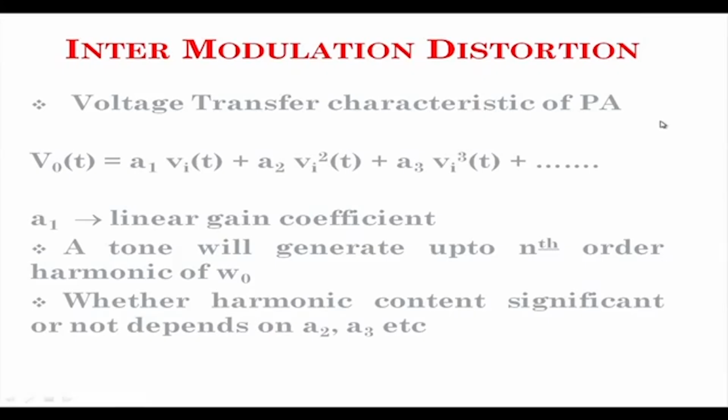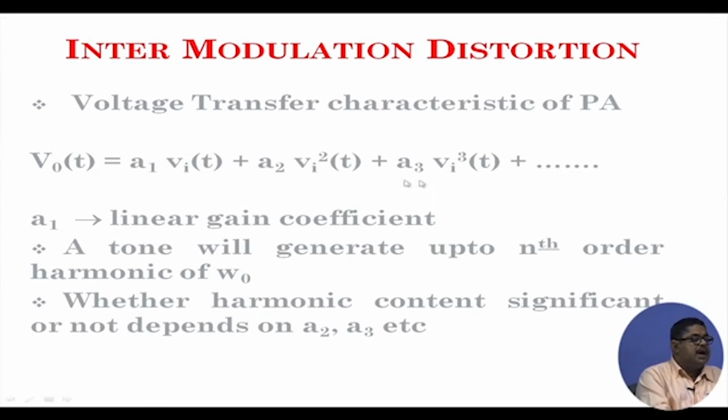Now, let us see the transfer characteristic of any power amplifier device. The output voltage V naught t, I can express as a power series, because in general I will try to make it linear, but as I said you have various interconnect joints etc., and they are not linear components.